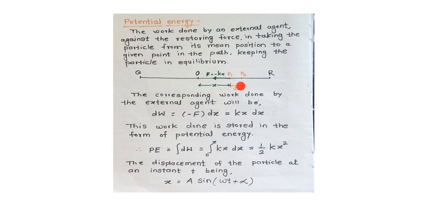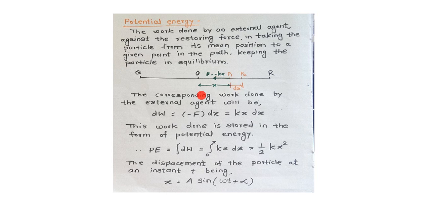This is the distance dx against the restoring force. This is the restoring force F as shown in the figure. Suppose the particle, this is the particle P1, and this P1 displaces from P1 to P2 through a small distance dx against the restoring force. This is the direction of restoring force.